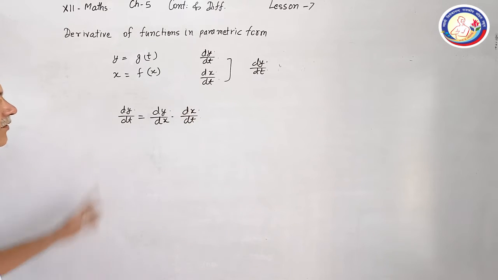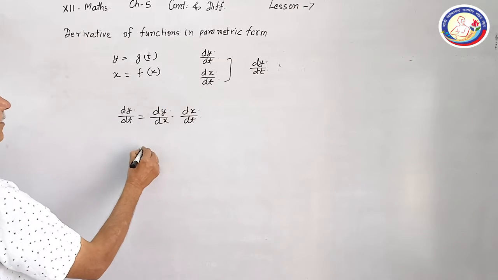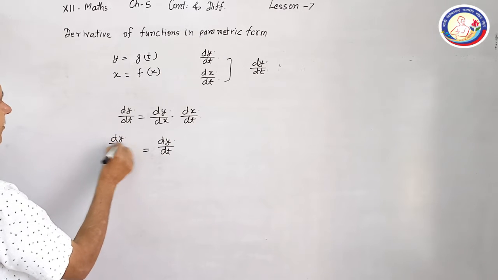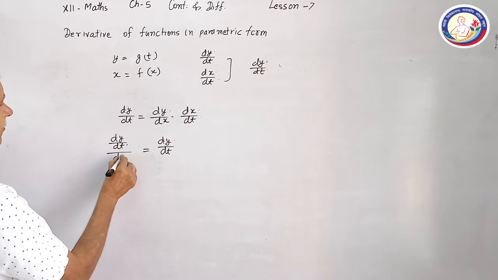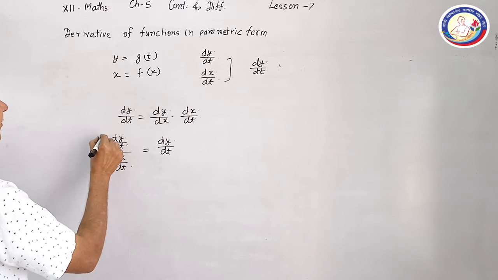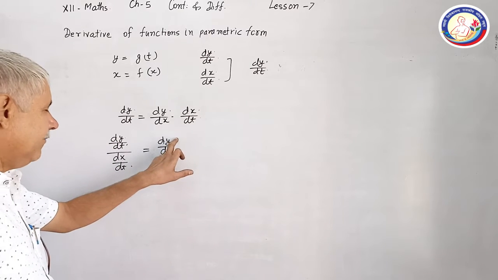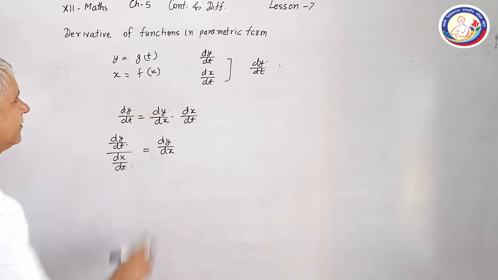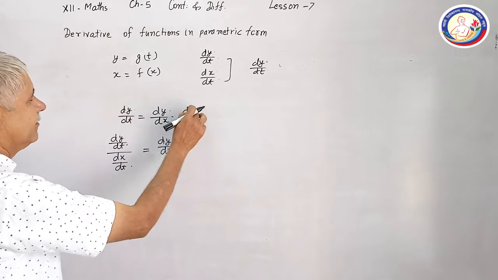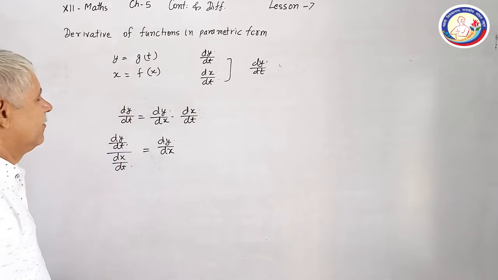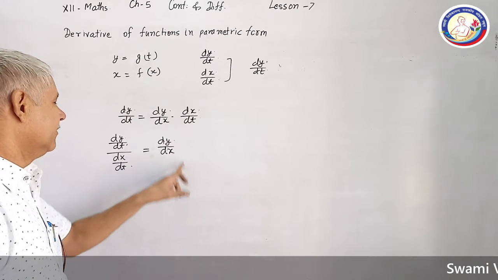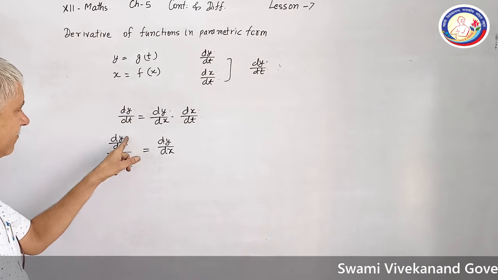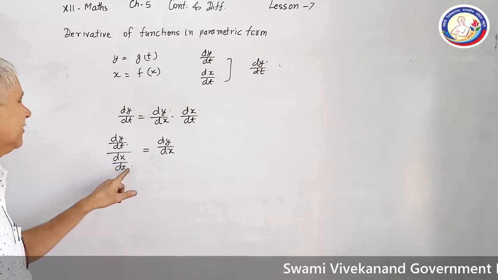If we use the function of a function rule, the chain rule, then dy by dt will be equal to dy by dx times dx by dt. I had written it wrong here; it is dy by dx. By cross multiplication, the derivative of y with respect to x is equal to the derivative of y with respect to t divided by the derivative of x with respect to t.